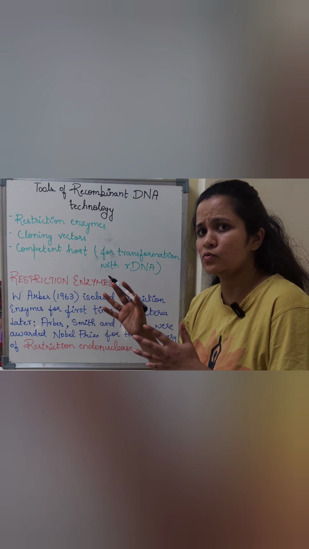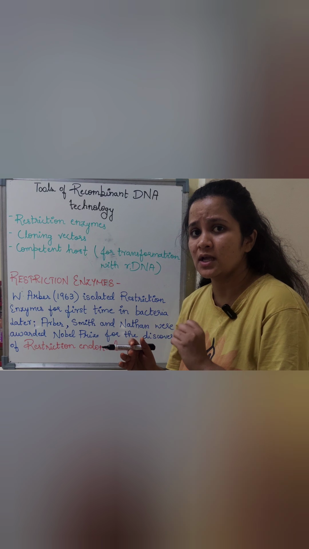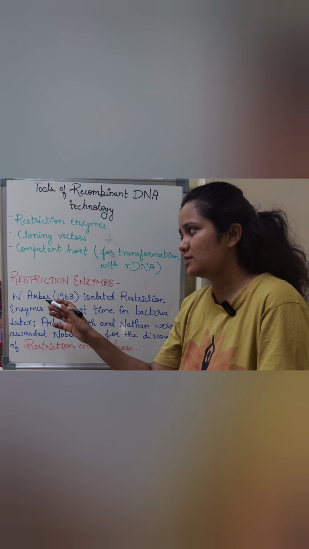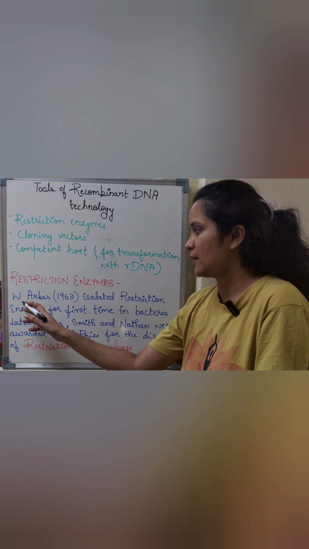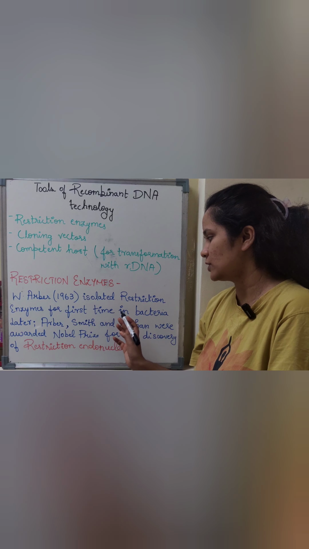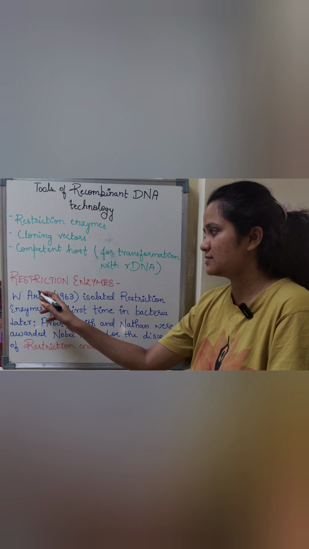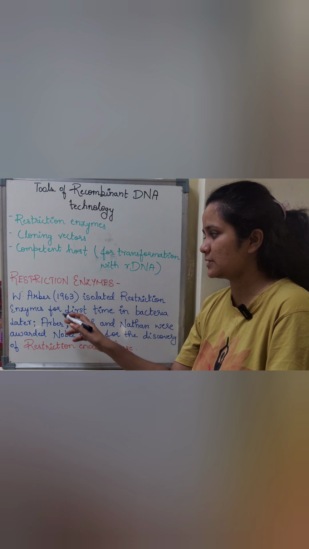Now let us learn what this restriction enzyme is, where it is found and what it does. There is a small introduction here. W. Arber in 1963 isolated restriction enzymes for the first time in bacteria. You should remember this scientist's name and his discovery in the year 1963.